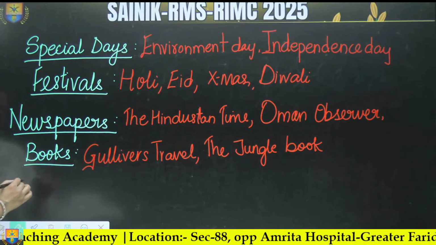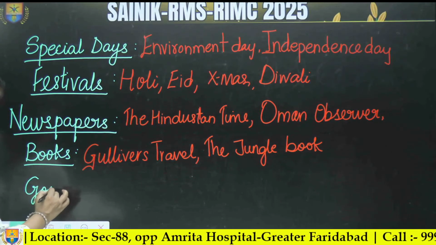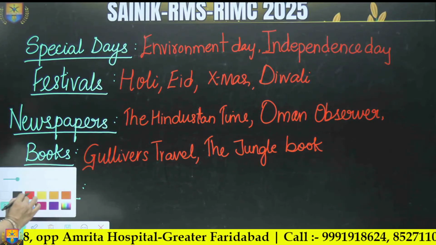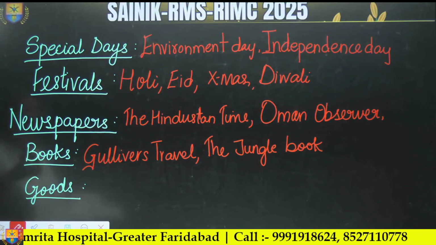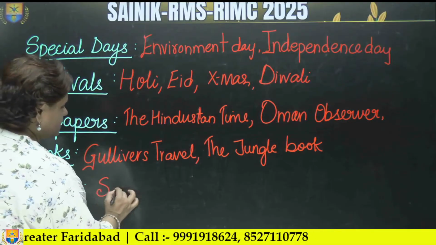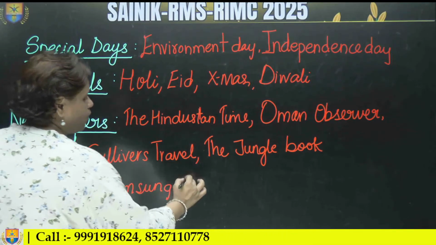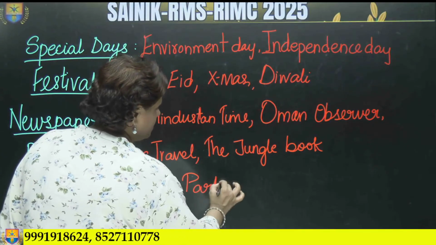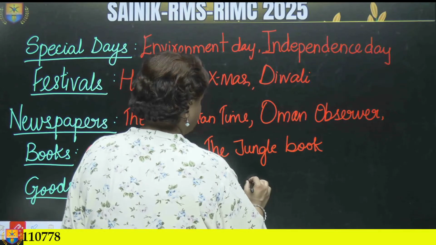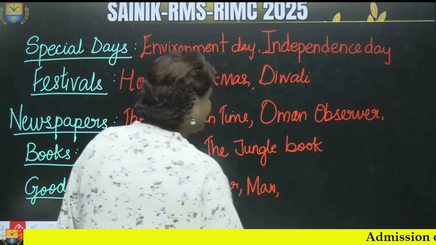One more we have, and that is goods. As we have the common noun and the proper noun, this is it. So we have the names of very famous products like Samsung. We have the Parker. We have Max.